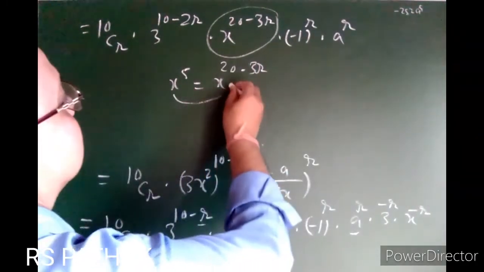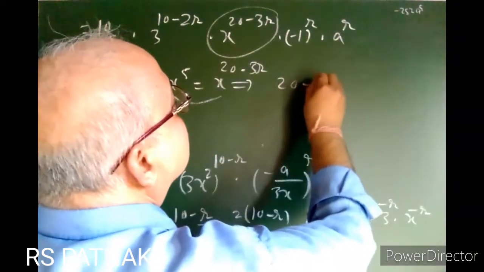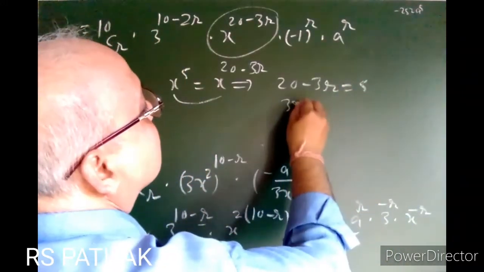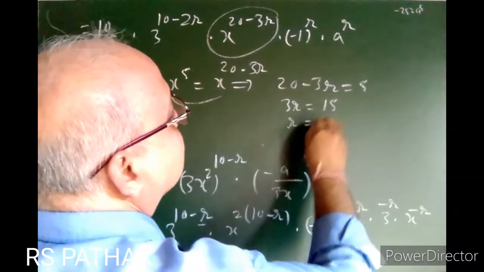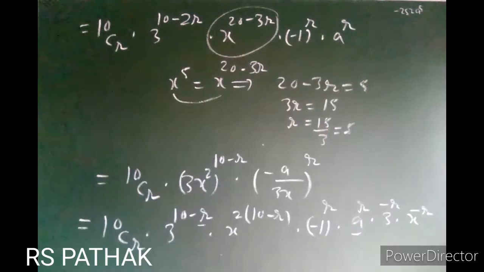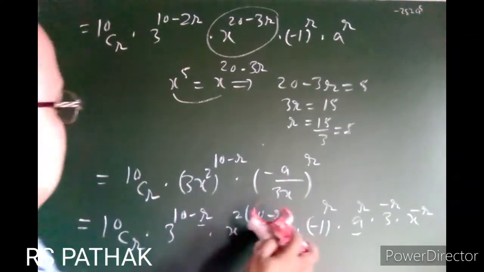Base is same, then power will be same. 20 minus 3r equal to 5, 3r equal to 15, r equal to 15 upon 3 equal to 5. The value of r has been found out as 5.